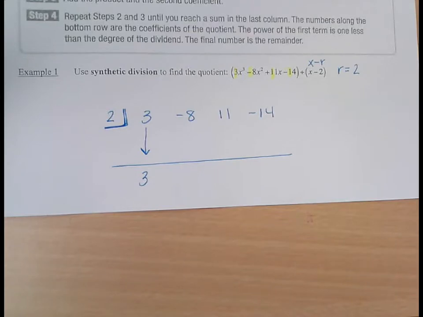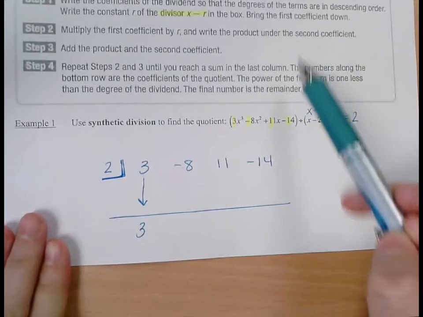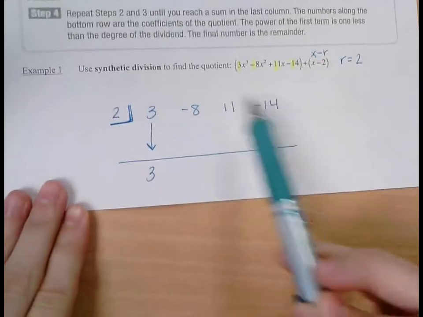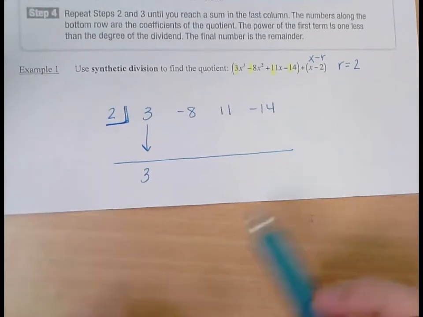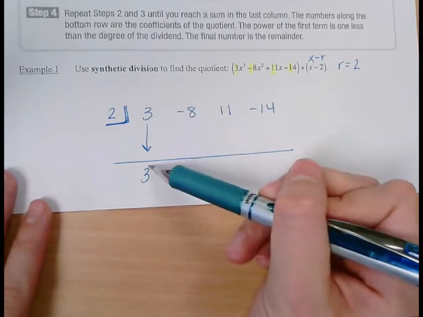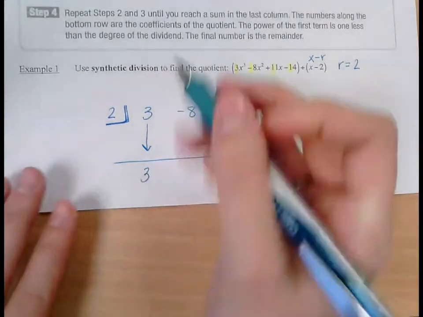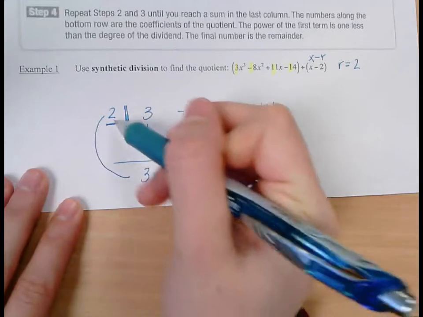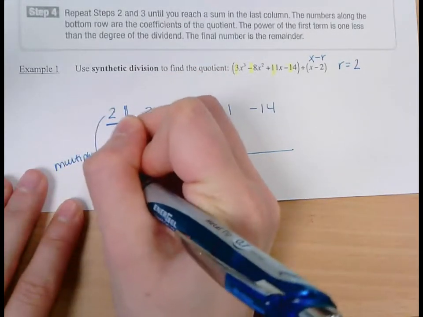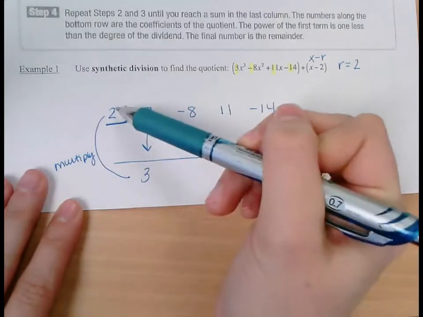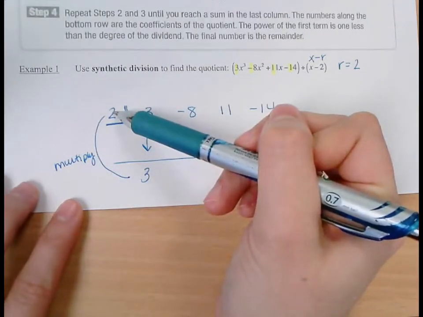And then from here, these next 3 steps, I'm not going to read word for word, but I will explain them as we go through this. They're just there for your reference if you need to look back at them. So from here, any number that is below the line, you multiply it by the r value. So I'm going to multiply the 3 by the r value of 2, and that's 6.